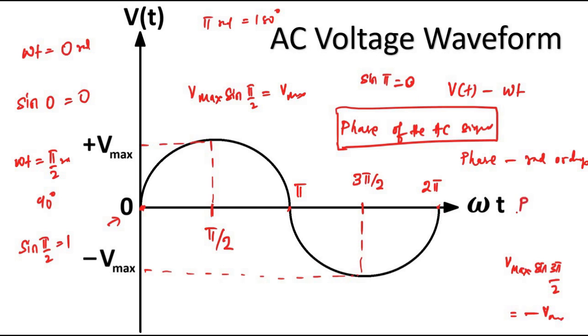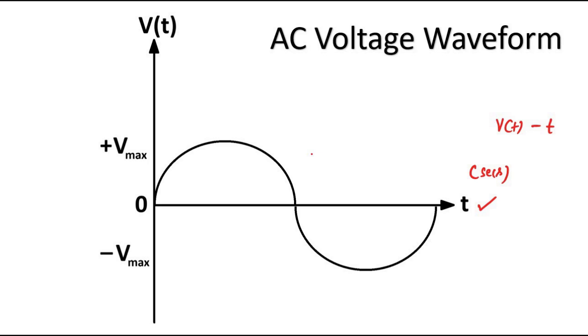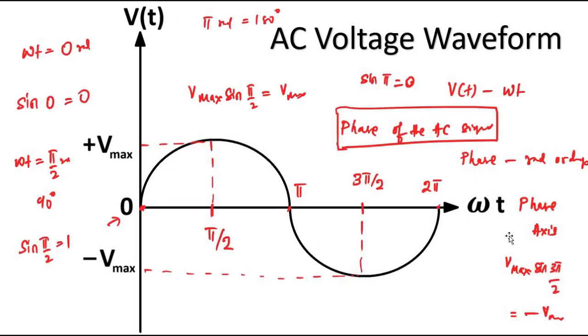This omega t, the horizontal axis, represents the phase axis. This is the time axis here. This is the phase axis. Okay, so here phi is equal to omega t.